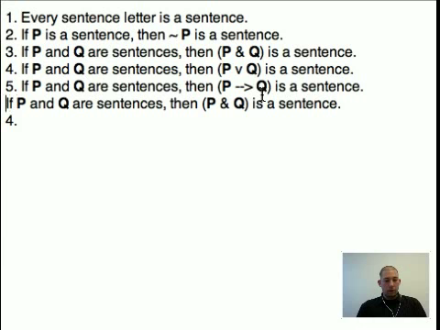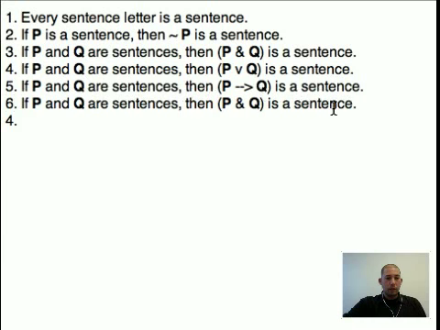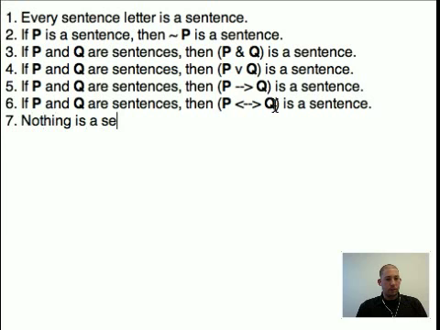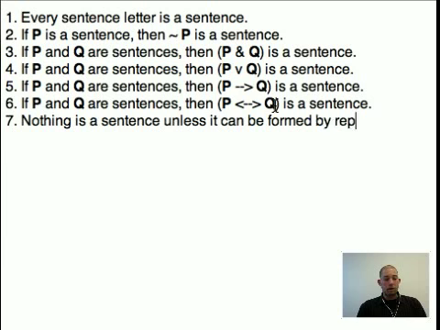So here we have, if P and Q are sentences, then you can form a new sentence by using the biconditional. And then lastly, we say that nothing is a sentence unless it can be formed by repeated application of clauses 1 to 6.